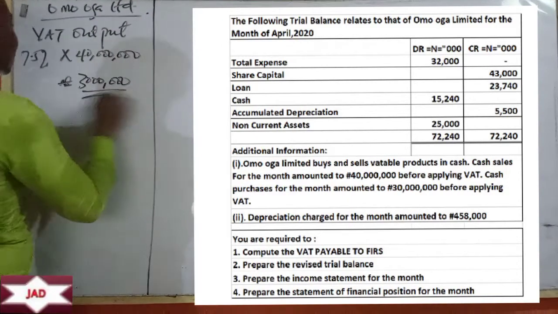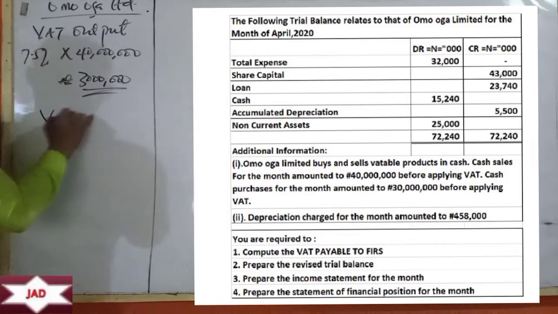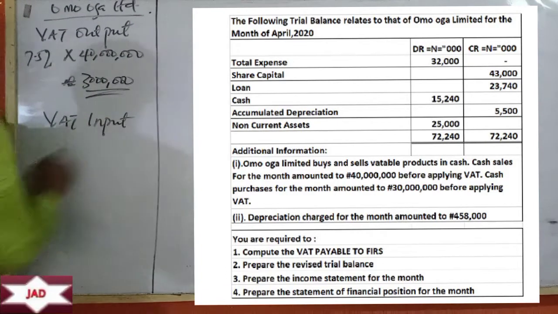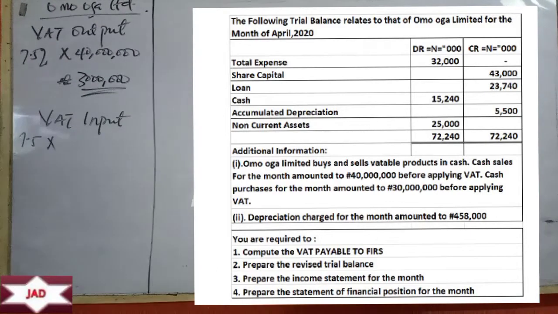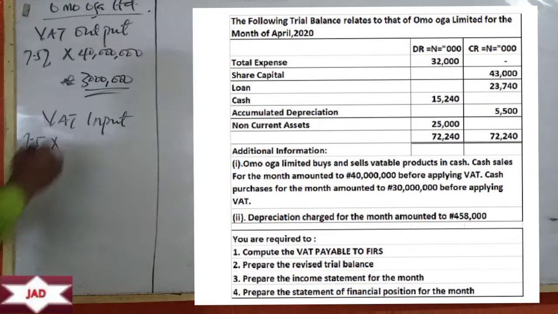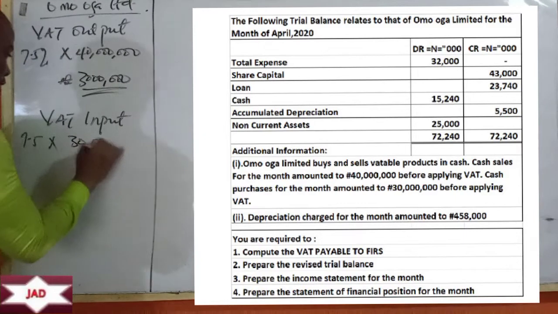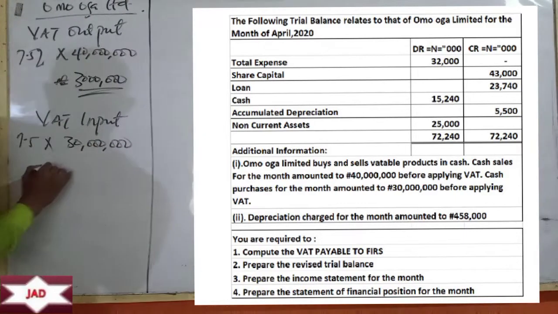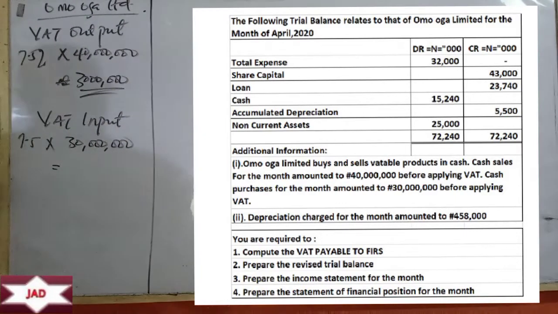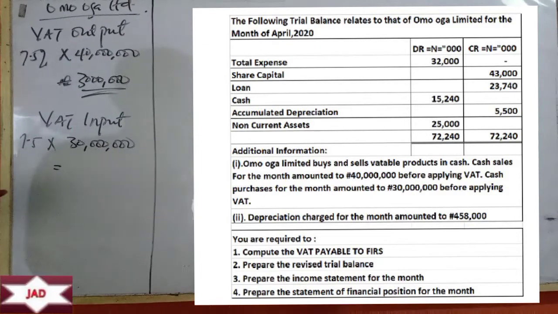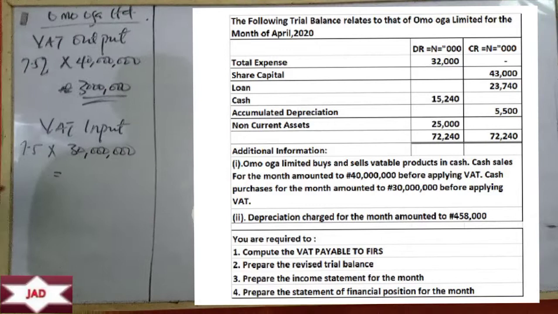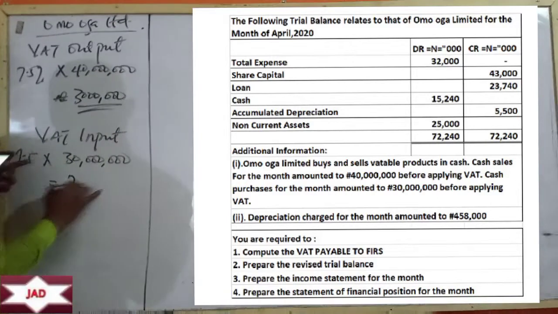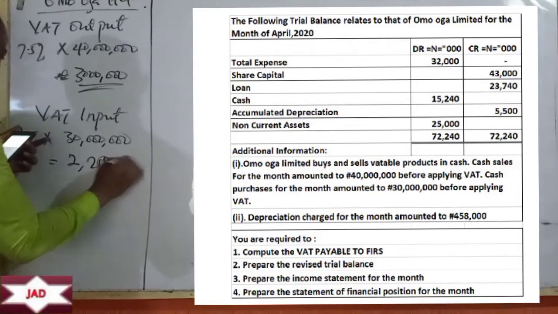Okay, that's your VAT output. So VAT input will be 7.5% times your purchases. What you purchased before VAT was 30 million. So we now have 2,250,000.